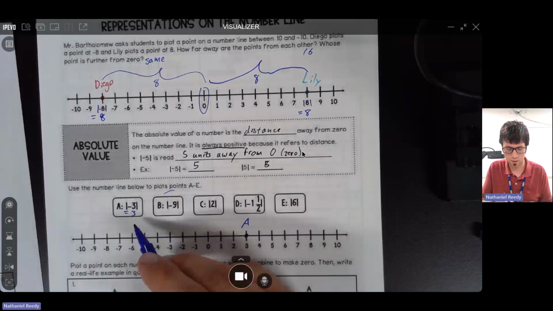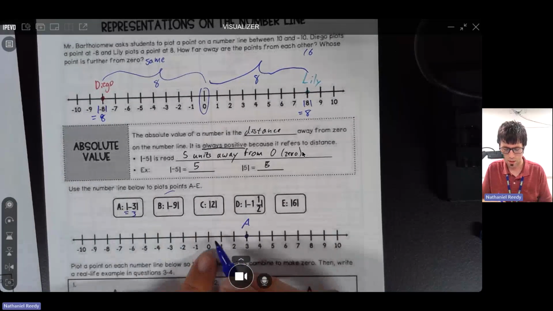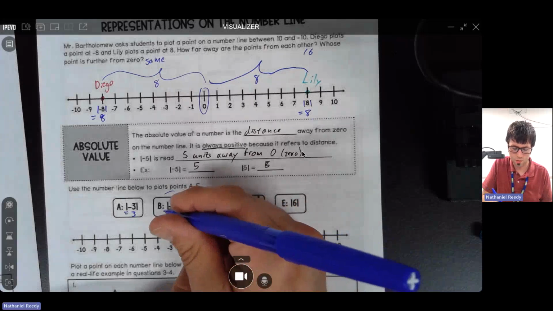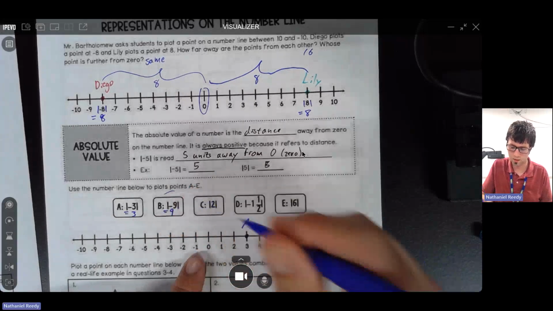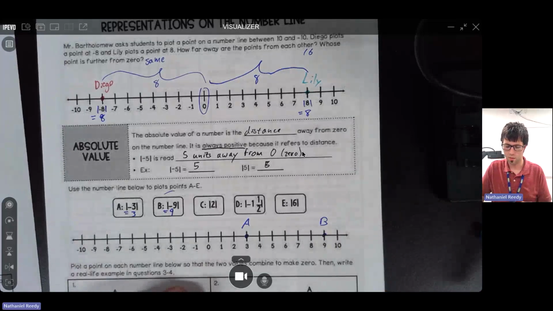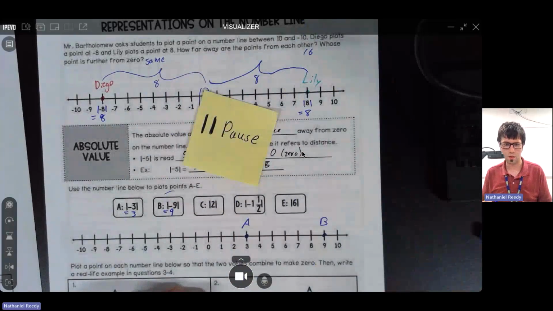That's just telling me that negative 3 is 3 spaces away from 0. So the absolute value of negative 9, well, the distance between negative 9 and 0 is just 9. So here's point B. So pause the video and see if you can do the other 3 on your own.